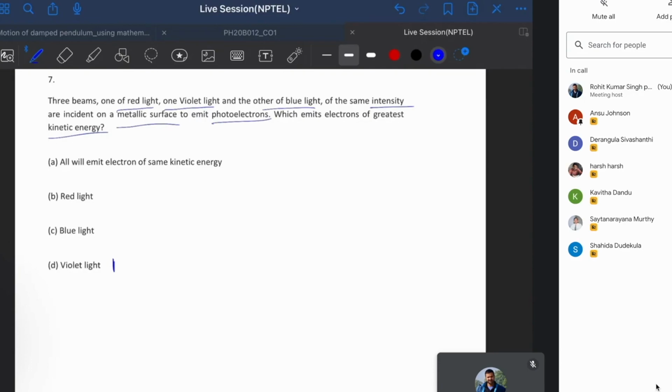Red light, sir. Okay, one vote to red light. Anyone else? Kavita? Sahida? What do you think? Which is the correct answer? Hello?